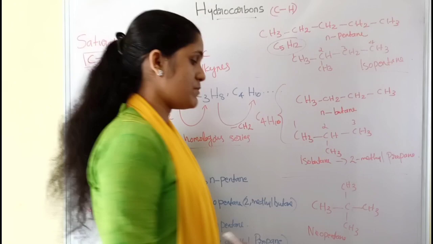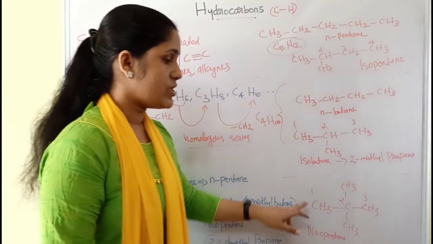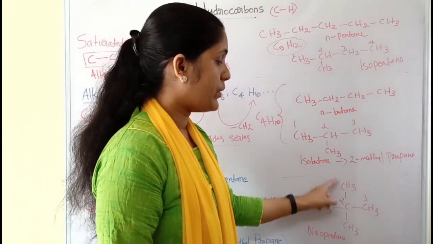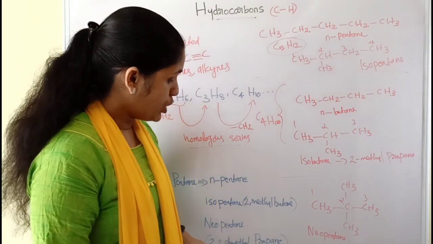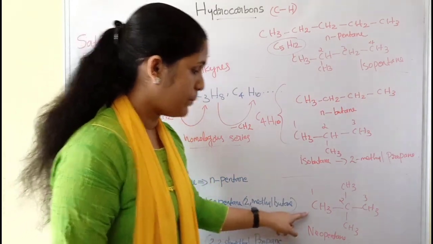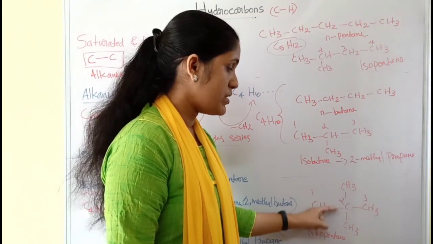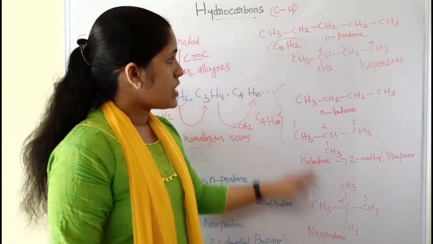How does this name come? The longest straight chain can be numbered 1, 2 and 3. To the second carbon, 2 methyl groups are attached. That's why it is named 2,2-dimethyl propane, because the straight chain contains only 3 carbons.